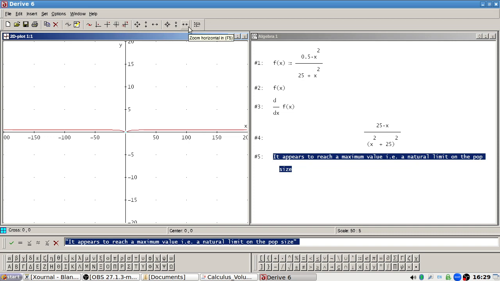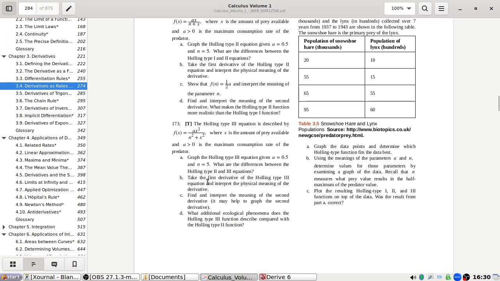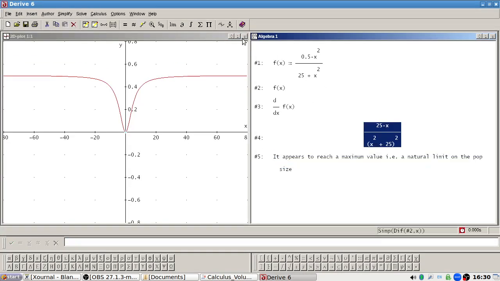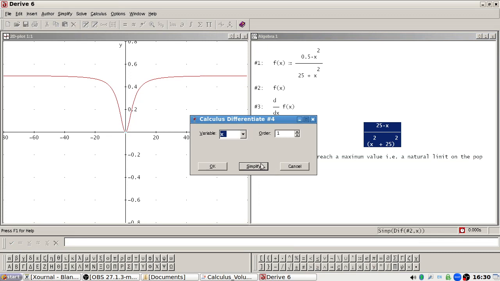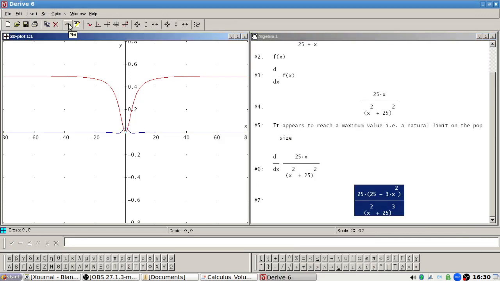Sure does look like it, yeah. Take the first derivative and interpret the meaning. Find and interpret the meaning of the second derivative. Okay, so the second derivative. I want to graph it. Interesting.